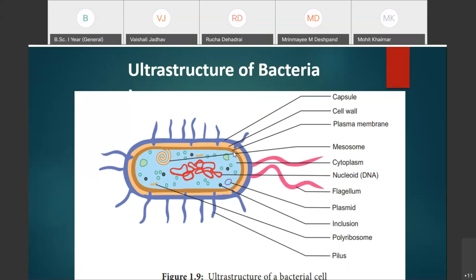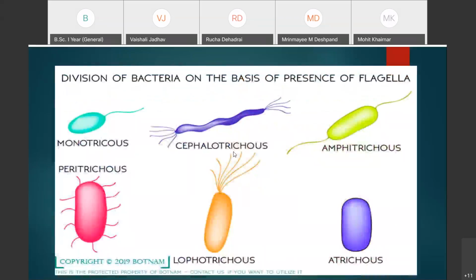Okay, these flagella are also present in the spiral or helical type of bacteria, and in the vibrio bacteria. Depending upon whether the flagella are present or not, there are two types of bacteria.